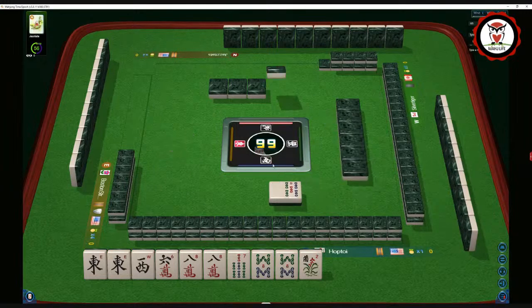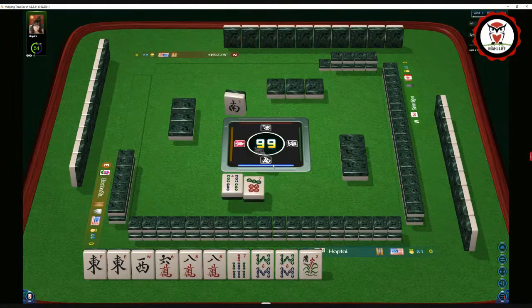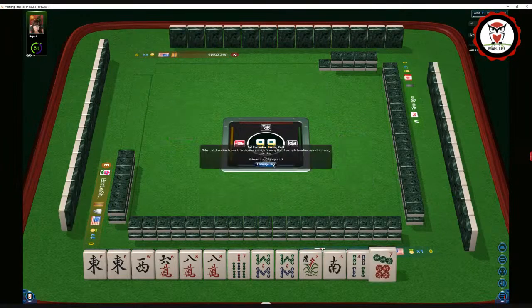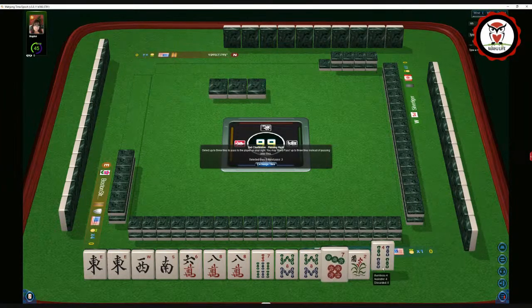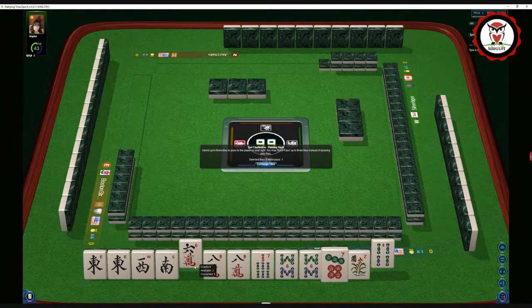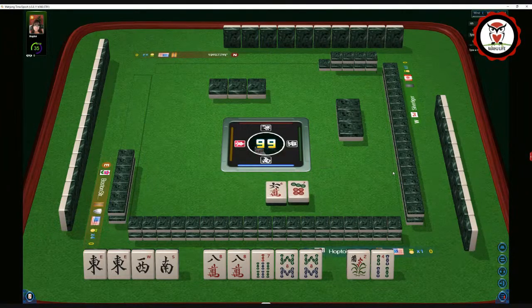I'm thinking the best hand for what we have now is the quint. So let's just see what happens. We're going to hold consecutive tiles. Let's let the 6 go. And then maybe this 7 dot. One of each suit.